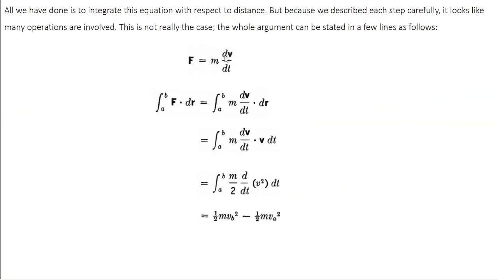We have taken the equation of motion, we have integrated it with respect to position, and instead of dr we can write v dt. Then you write dv by dt dot v in terms of d by dt v square. Do this integration, apply the limits, then you get half mVb square minus half mVa square. So this is the gist of what we have done.